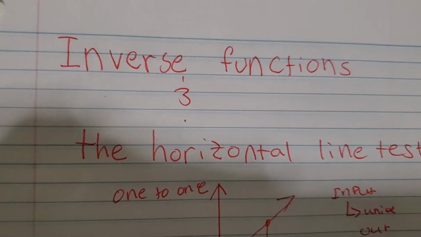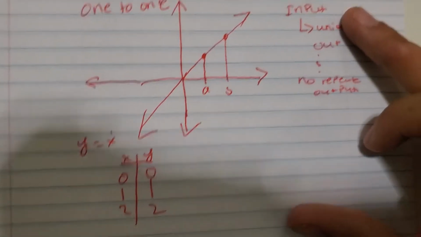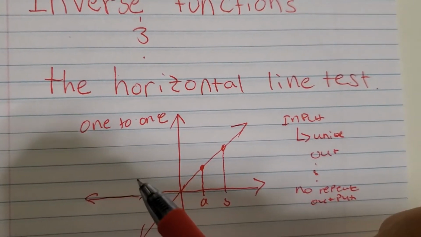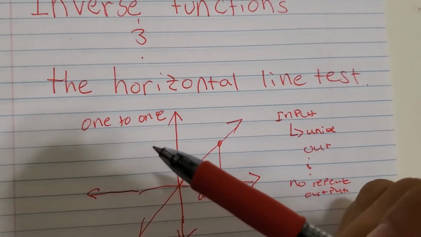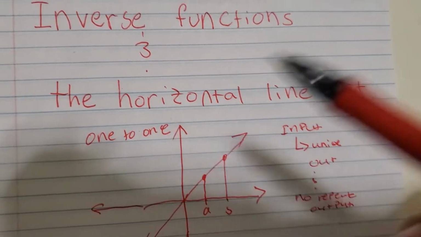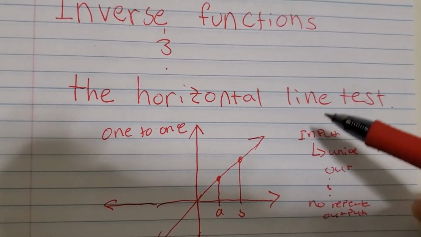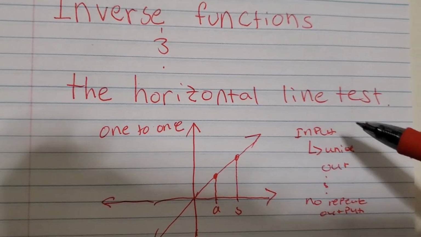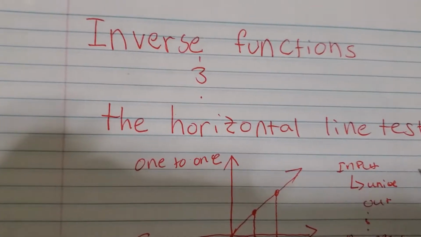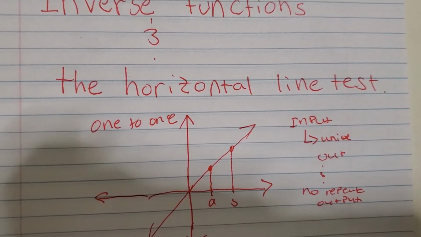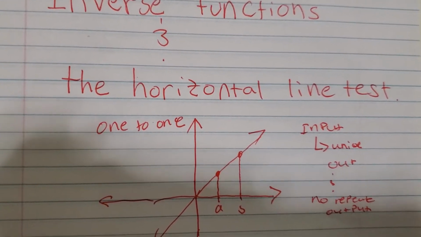Before we talk about a one-to-one function, a horizontal line test, and an inverse function, we said a one-to-one function, like any other function, has an input. It has a unique input and also a unique output, meaning there are no two same values on the graph, and there's no repeated output.